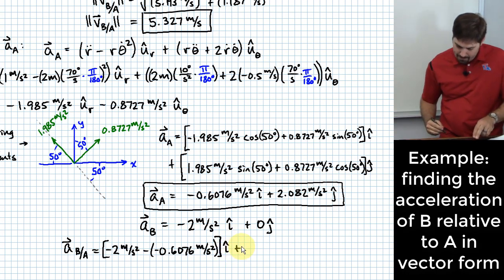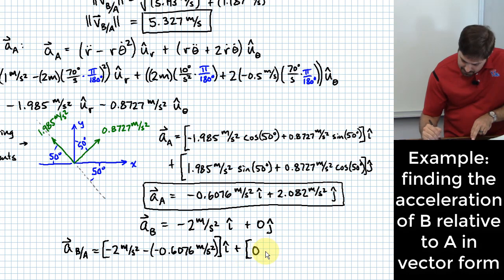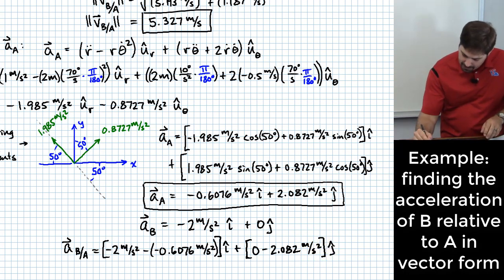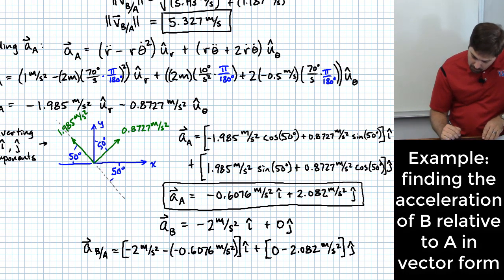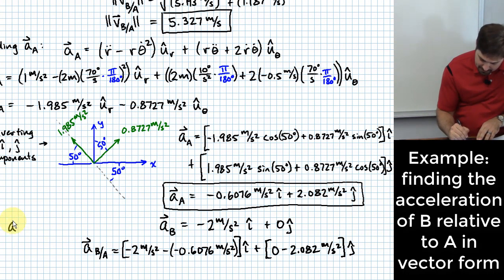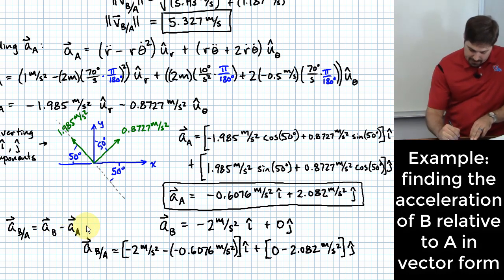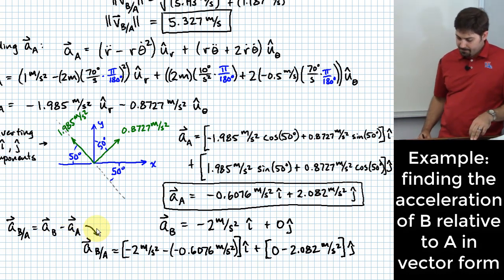And then the J component is 0 minus 2.082 meter per second squared J. And just to make sure we're clear on this, what I'm applying is this relationship that the acceleration of B relative to A is the acceleration of B minus the acceleration of A.